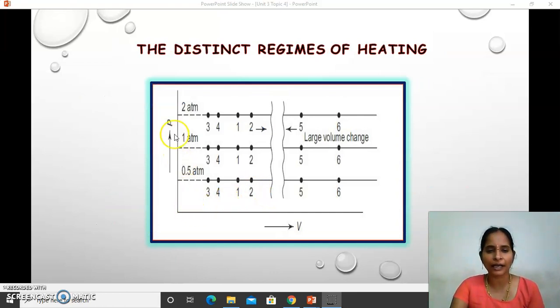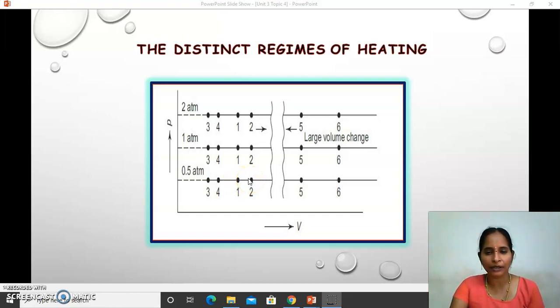So as I explained in the last slide, this is the result of the observations, the data found at a pressure of 0.5 atmosphere. Now 1 to 2 is the initiation of melting, as the ice gets heated from minus 10 degrees Celsius to 0 degrees Celsius.